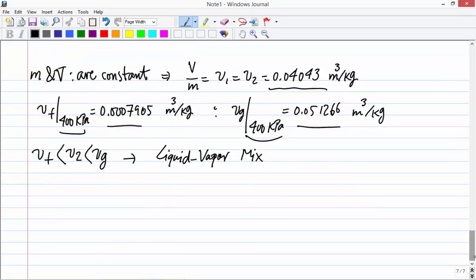Now our responsibility is to find x2, because if we have a mixture, we should know the quality.